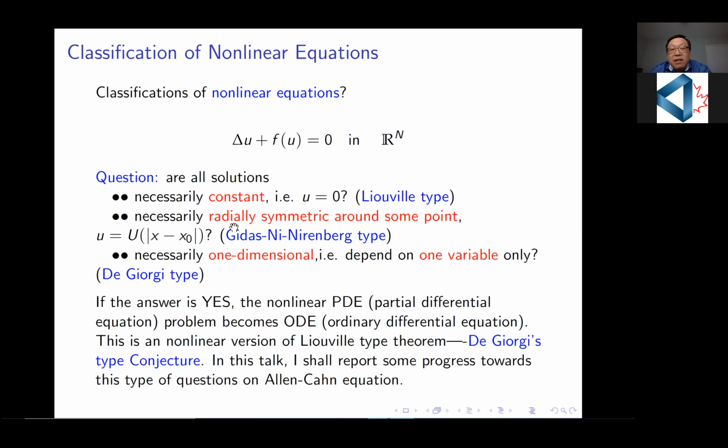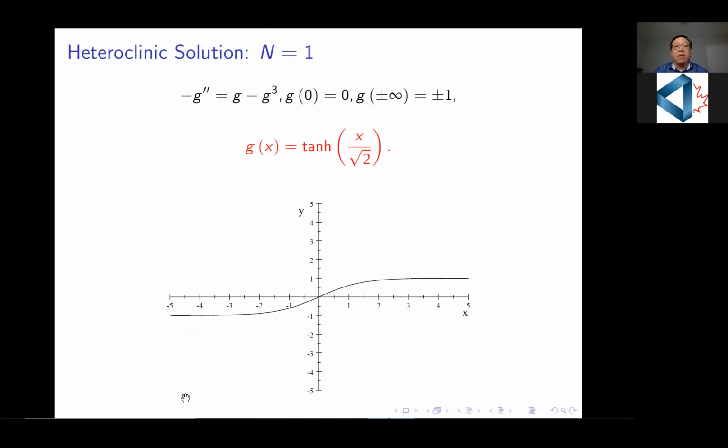This is the simple-minded question we want to ask. Unfortunately, as you're going to see from my talk, this is quite non-trivial. I will report some progress toward this type of question on the Allen-Cahn equation today.